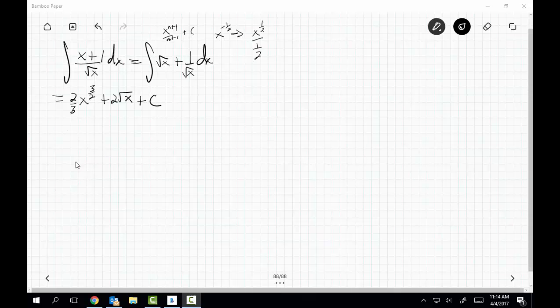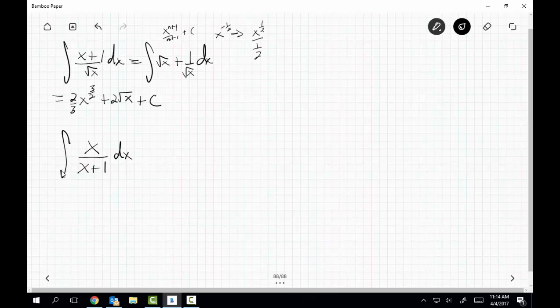Now I'm going to do one that's not quite as pretty. It's innocuous enough looking, but it can really give you fits if you're not careful. What if I do the integral of x over x plus 1 dx? Now you're like, okay, it doesn't have any square roots in it, but I don't have a common numerator. I can't rewrite this as x over x plus x over 1, right?